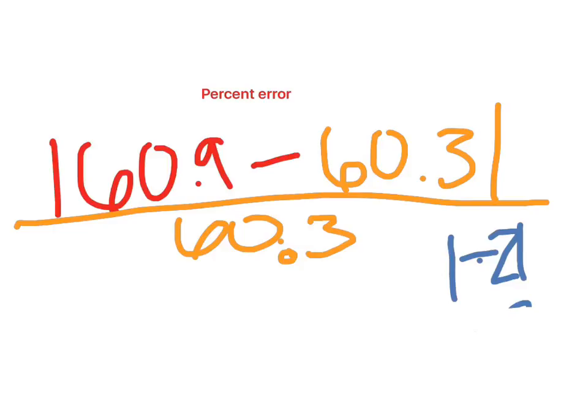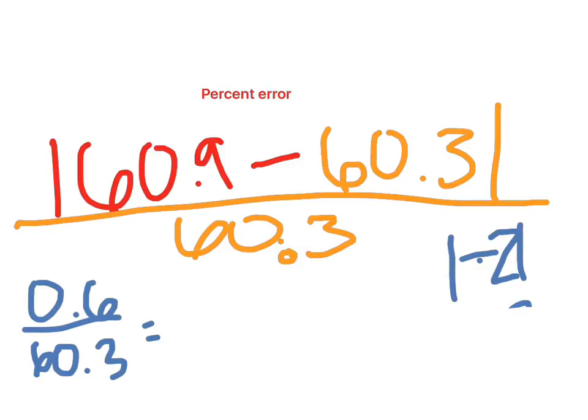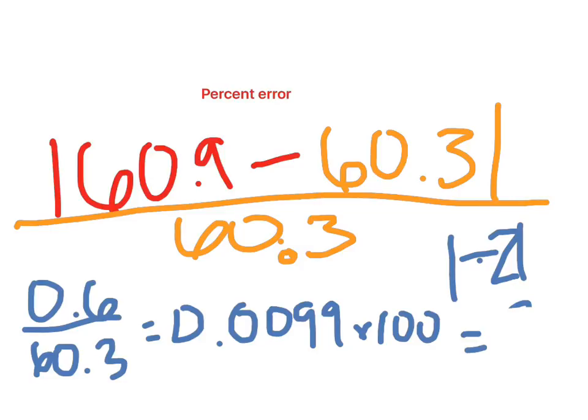Which is going to be 0.6 over 60.3, which is going to give you 0.0099, and then times 100, or you could just move the decimal place 2 over to the right, and your answer is going to be 0.99%.